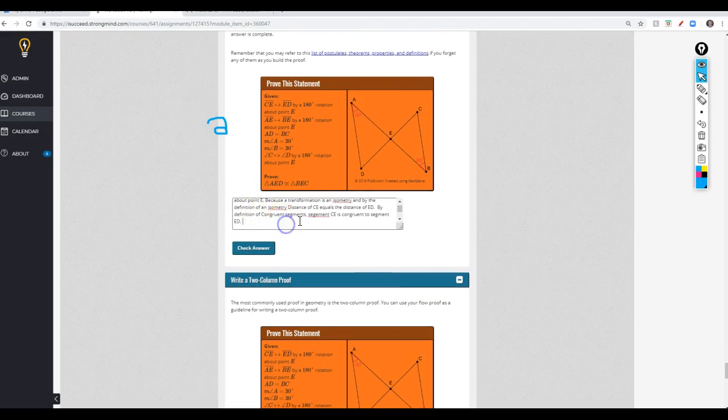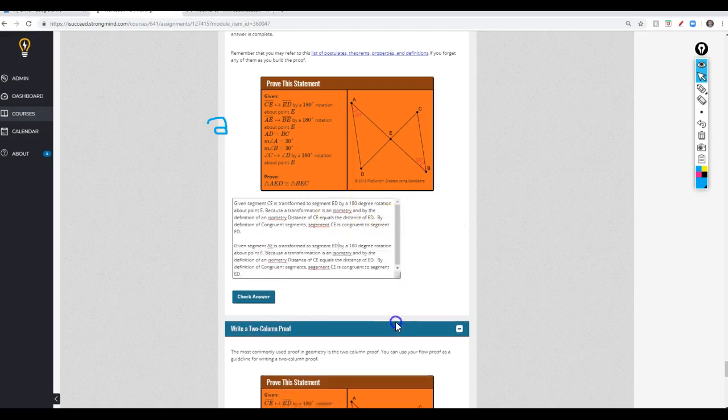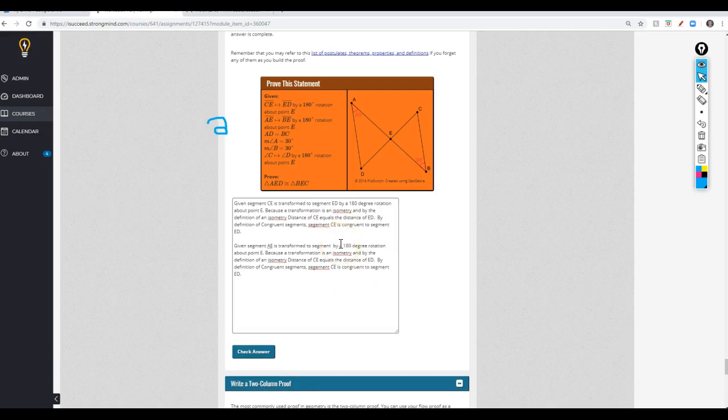So given that segment AE is transformed to BE by a 180 degree rotation about point E, because the transformation is an isometry, and by the definition of an isometry, the distance of AE is equal to the distance of BE.